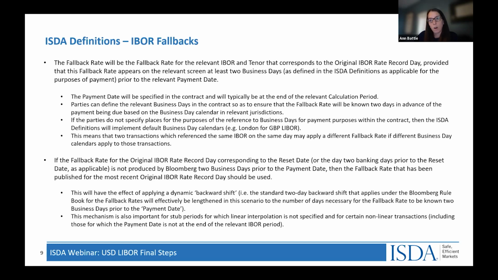So when you go to the Bloomberg screen to determine what your fallback rate is, you look at the screen at the end of your period, but you are looking for the fallback rate that is labeled in the column for your original IBOR rate record day.